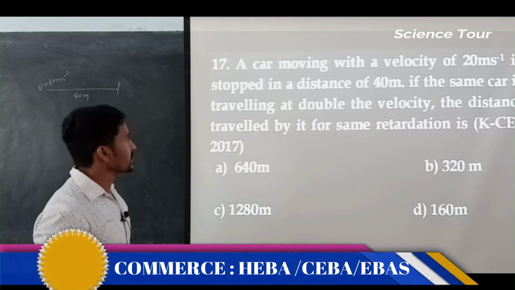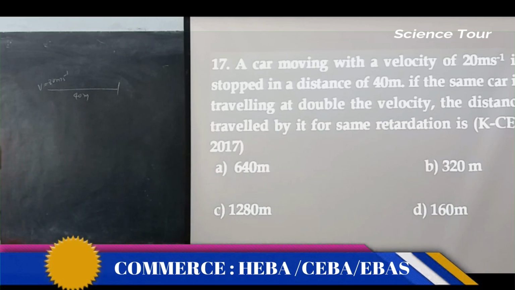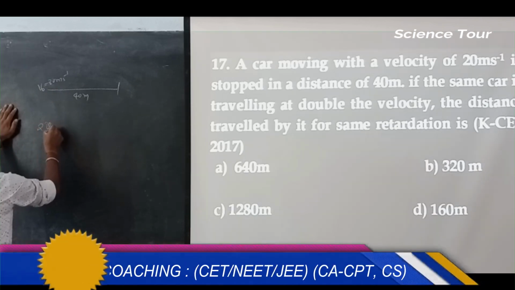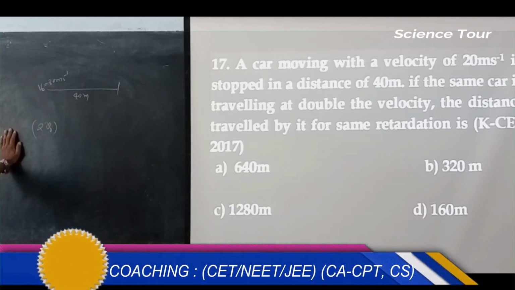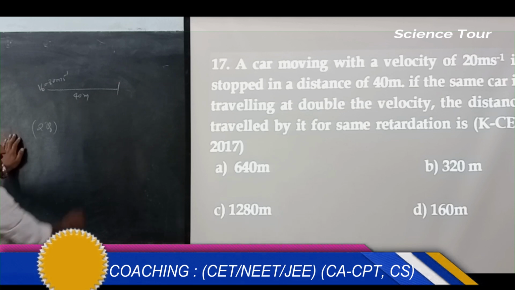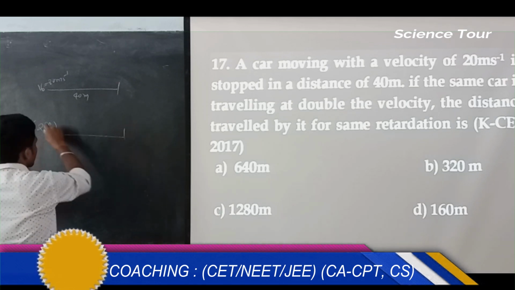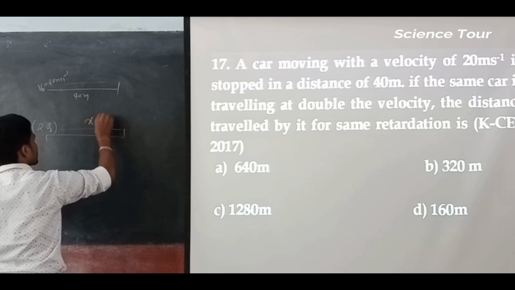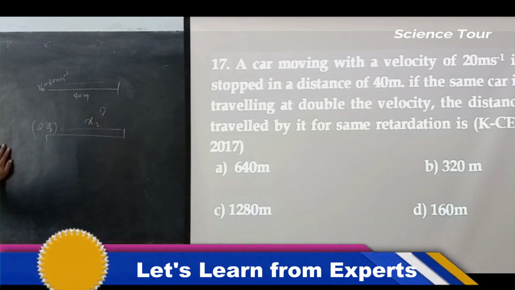If the same car is traveling with double the velocity, so initial velocity v naught, next one is 2 times v naught, the distance traveled under the retardation, means it will be stopped in what? Stopping distance it is, right?